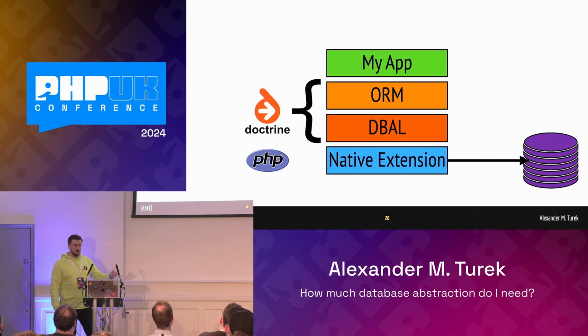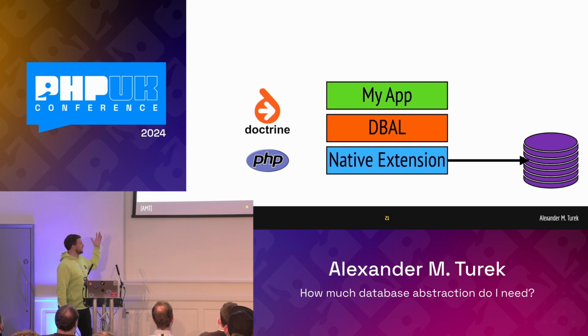It's there, it has to be used. The ORM then uses the DBAL, which uses a native extension, but this is all stuff that I don't care about because I use the database through the ORM exclusively. And then they notice, well, but the application gets slow, and I cannot control this anymore. So the ORM must be the problem. So what they then fall back to is this. So the ORM is being thrown out because it's just in my way.